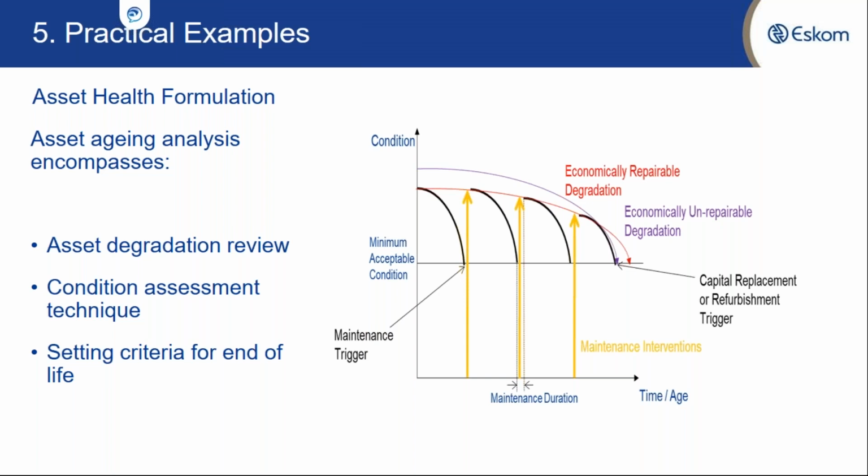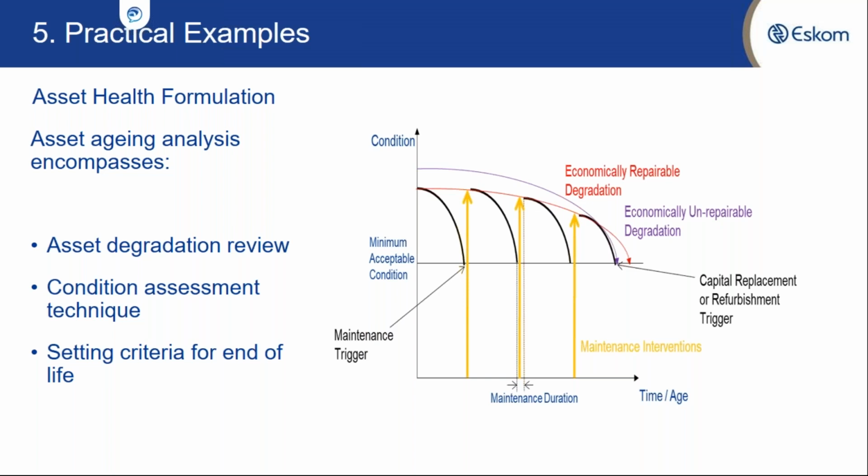Then within our maintenance standards, we also define the asset health, meaning how the asset health is supposed to be done on assets. And our approach is simply doing the asset degradation review.